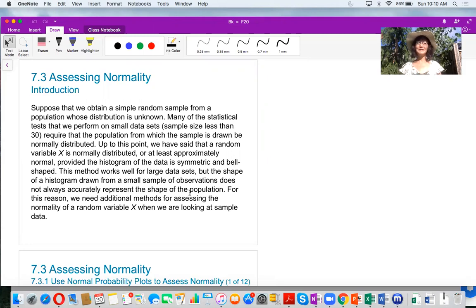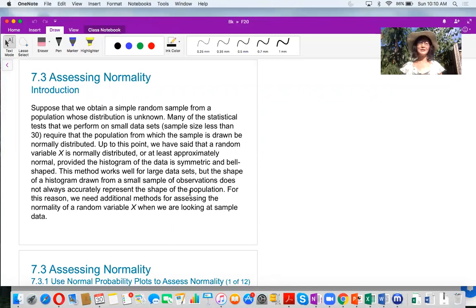Up to this point, we have said that a random variable x is normally distributed, or at least approximately normal, provided that the histogram of the data is symmetric and bell-shaped.